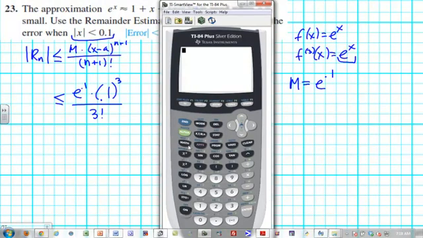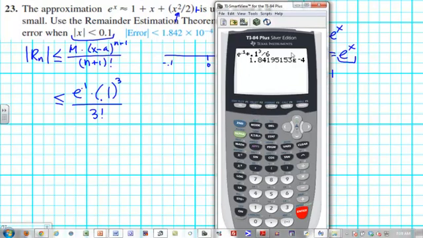So I'm going to put in e to the 0.1 multiplied by 0.1 cubed, and then I'm going to divide that whole thing by the 3 factorial, which is what, 6? And I get 1.842 times 10 to the negative 4. And you can see that that's the same error that they gave.